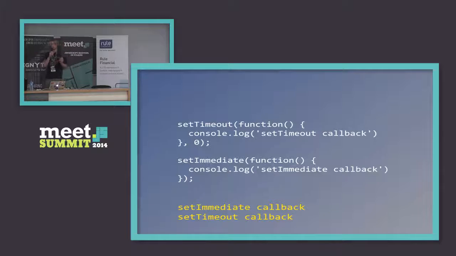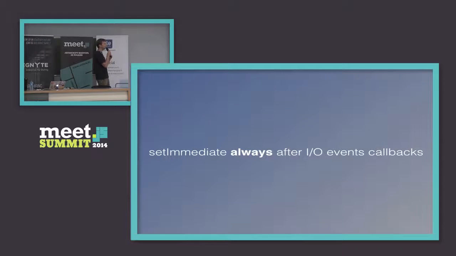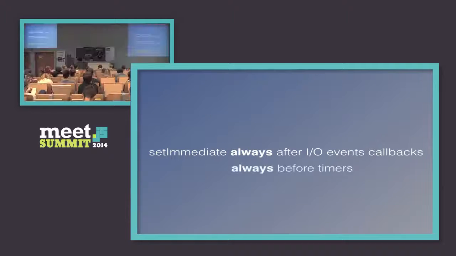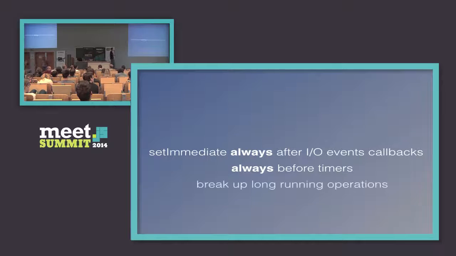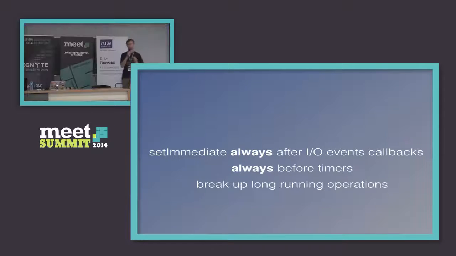But this is not deterministic. You can say it's a bug in Node. It depends on a few things internally in Node, and the most important one is whether it's the first ever loop iteration, and there can be some things that are not deterministic. But we can be sure that setImmediate is always after I/O event callbacks, and always before timers, like I said.